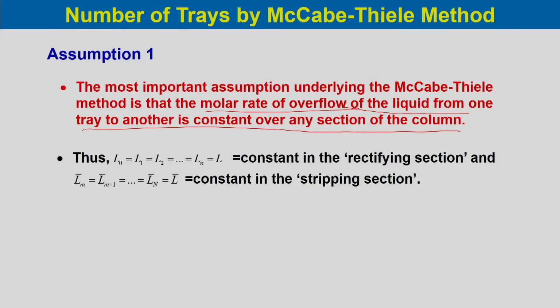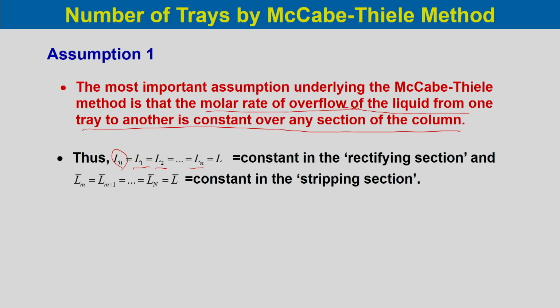So, with these assumptions, if we consider the feed entry at the top, the liquid from the top column is L naught and that will change to L1, L2 up to Ln.